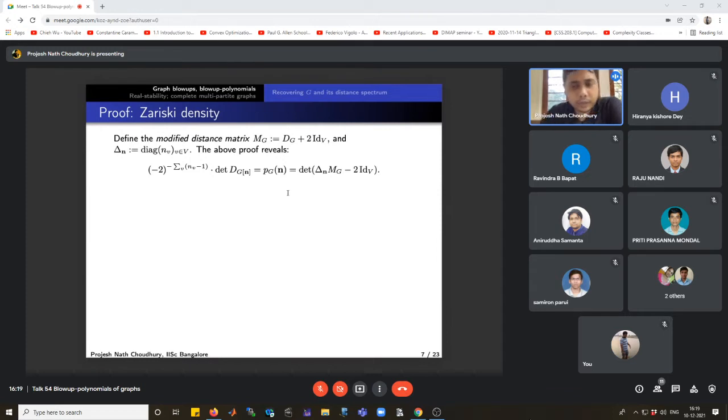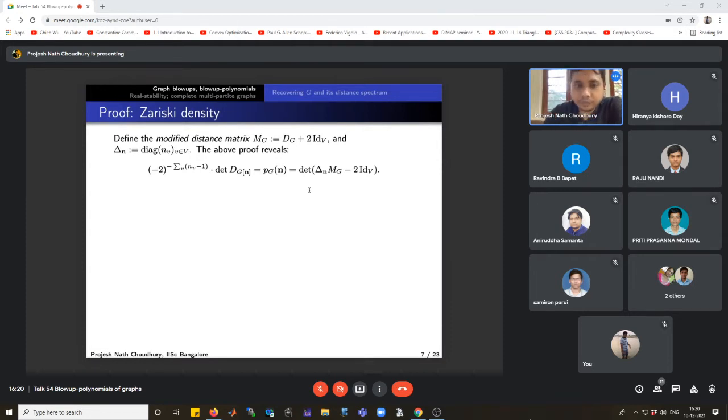And the determinant is of course a polynomial. So this block polynomial PG is also a polynomial. You see in both sides of this equality there is no notion of MG being invertible. So I don't need MG to be invertible, and it is not assumed in either side of this equality.